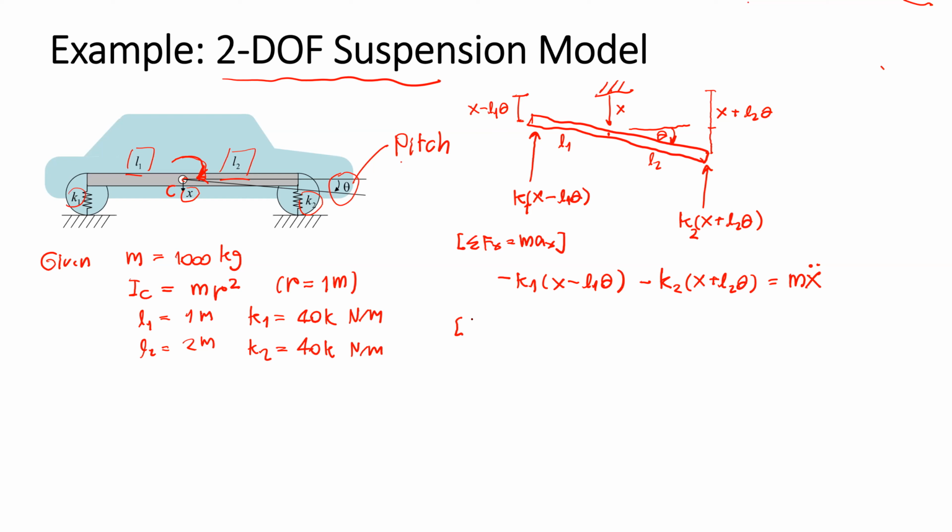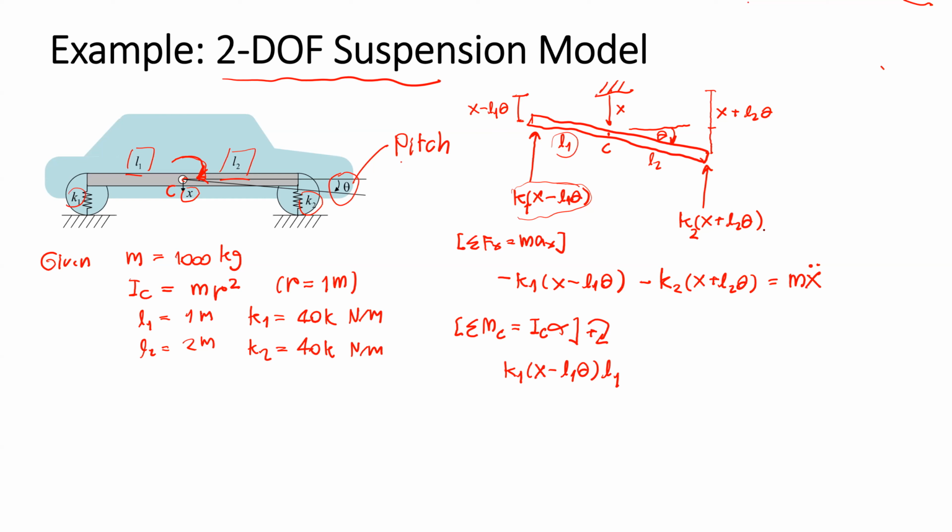The second equation comes from the summation of moment about the point C is equal to I_C alpha. And we assume alpha is positive in the clockwise direction. So the moment due to this force is in the clockwise direction, so the moment is the force multiplied by the moment arm.